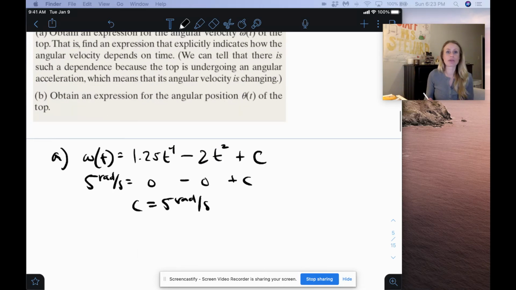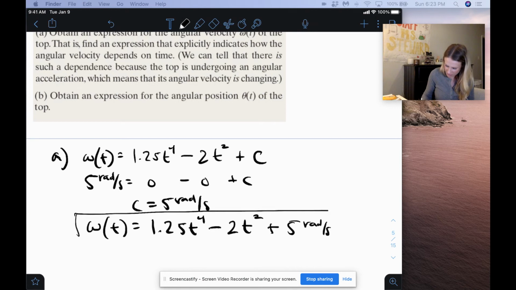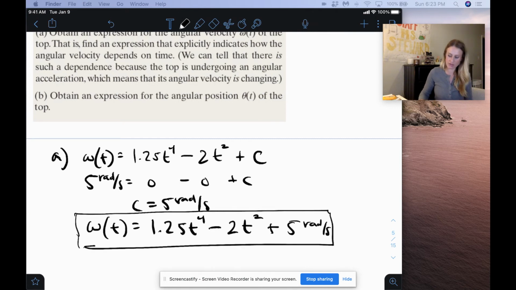So, to get our complete function of angular velocity with respect to time, we get 1.25 t to the 4th minus 2 times t squared plus 5 radians per second. So there's our function for letter A.